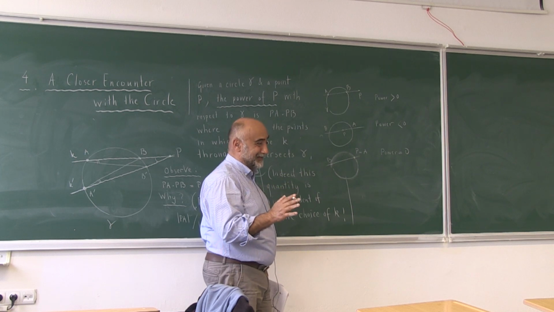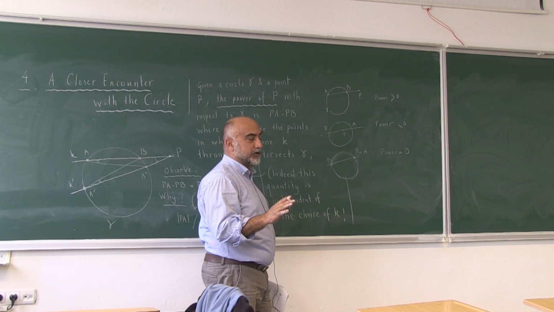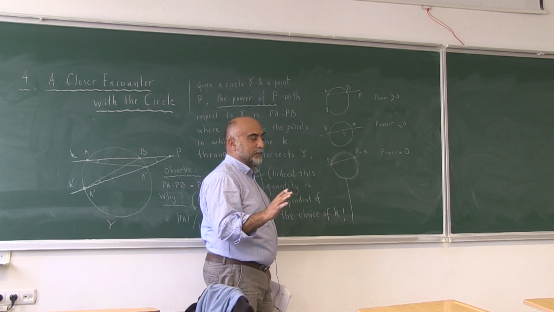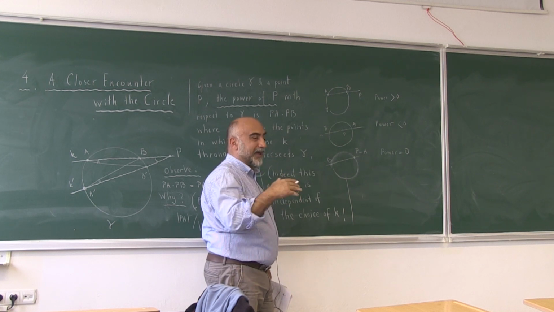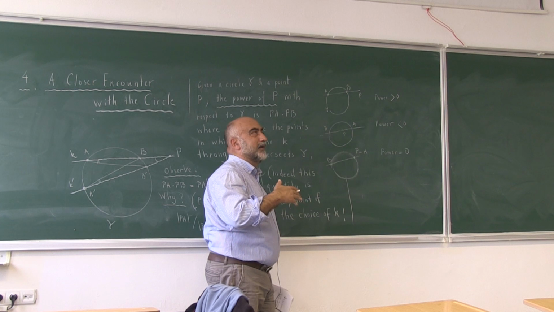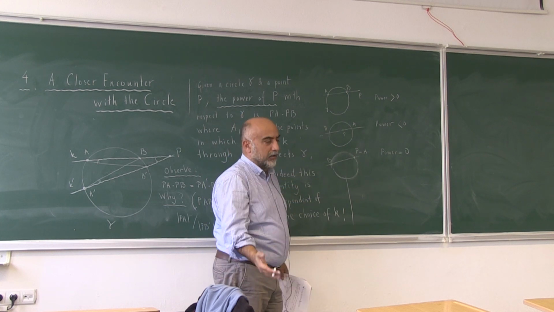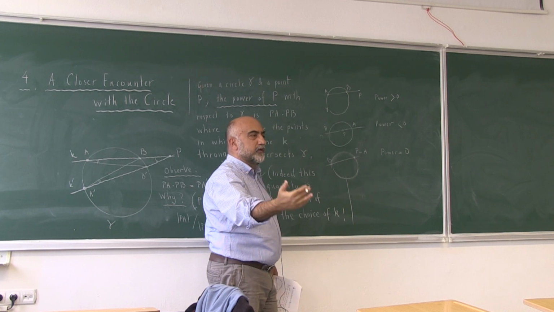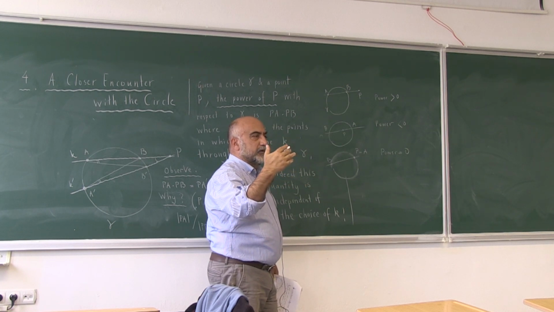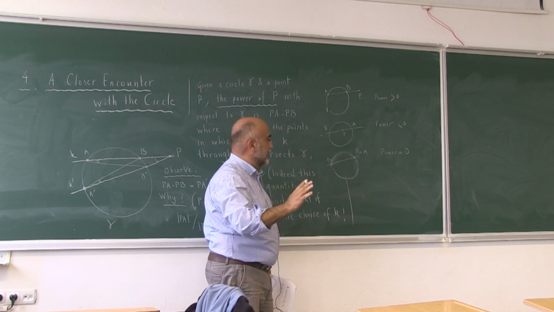In a sense, approximately. This is not quite true actually, but you can say that the power of a point with respect to a circle is somehow an indicator of the distance between the point and the circle.